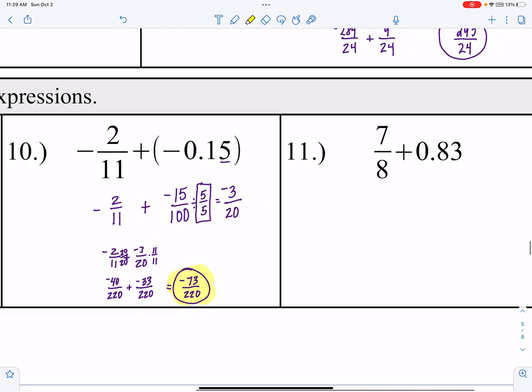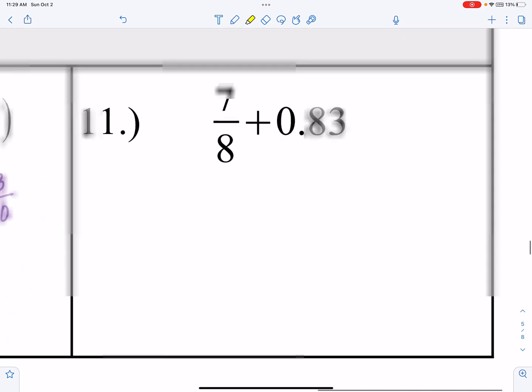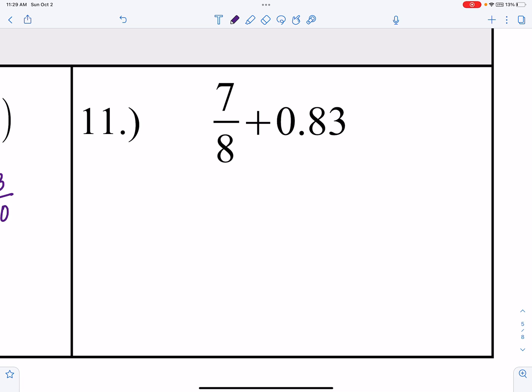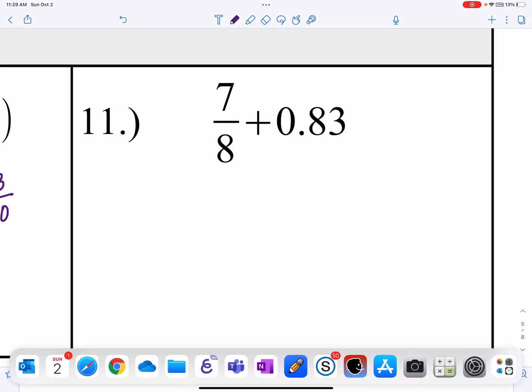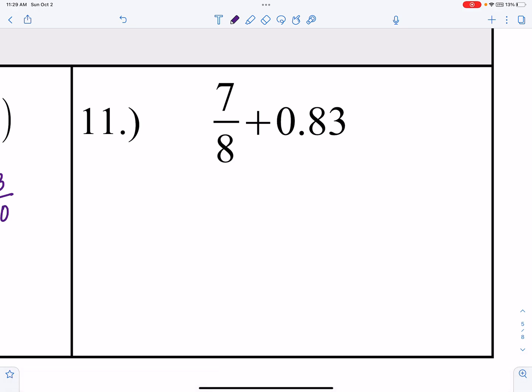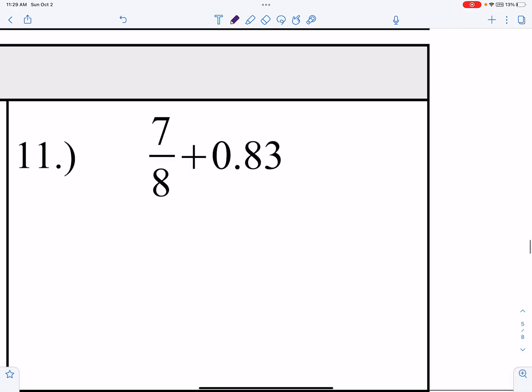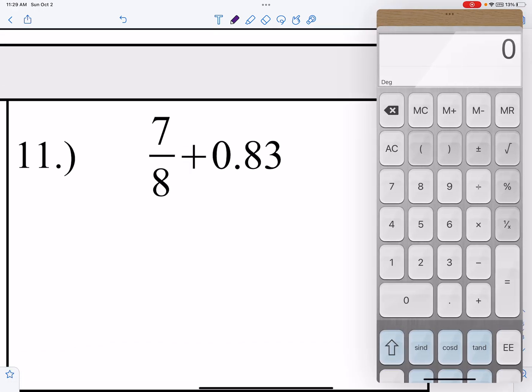Okay, all right, and then over to here, let's go ahead and check this. Right away, I can see if 7/8 is a terminating decimal, which it is, and you'll know that soon if you don't already, because it's one of our common ones: 0.875.